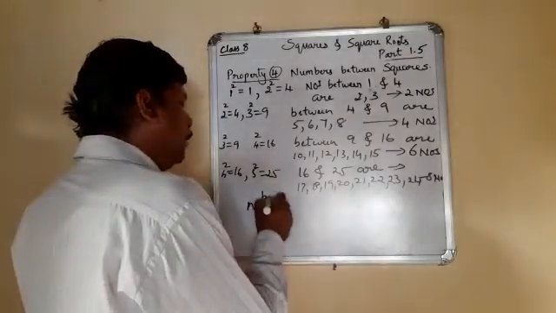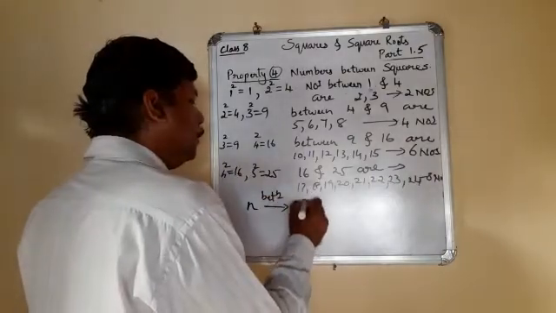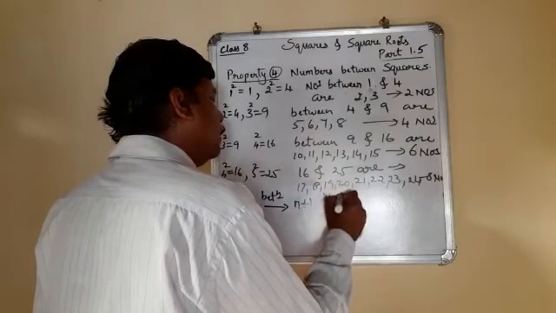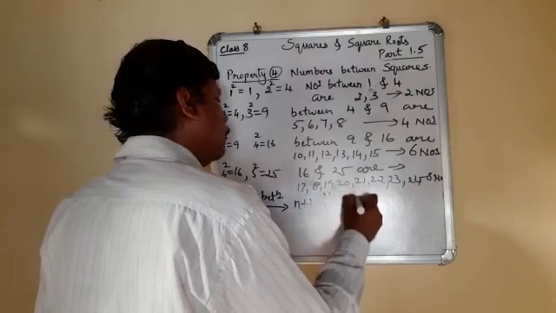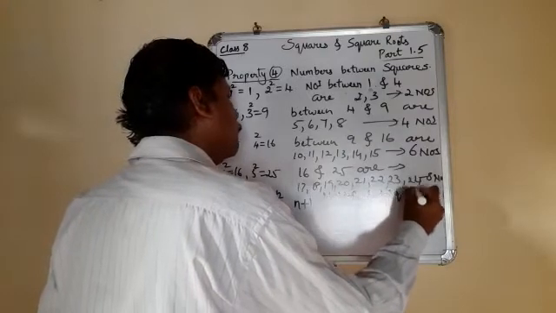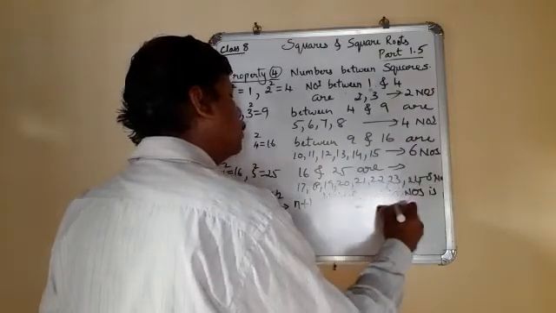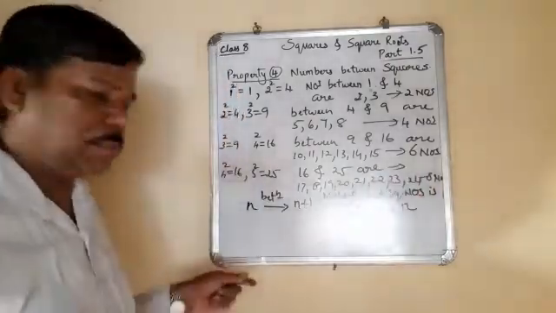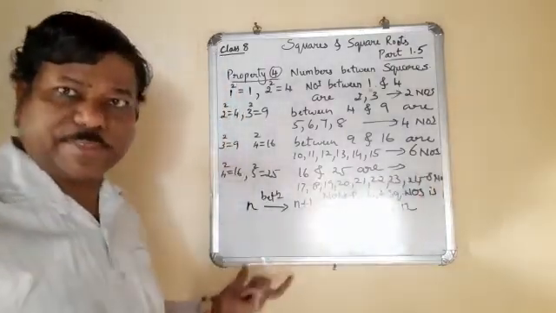So between them, the non-perfect squares is how much? 2 times n. Let us check whether it is true or not. There is a relationship.